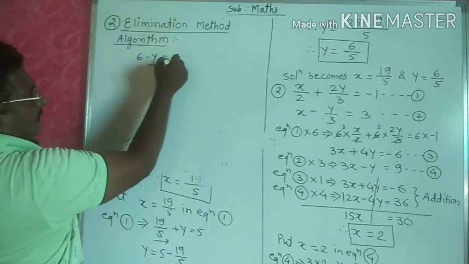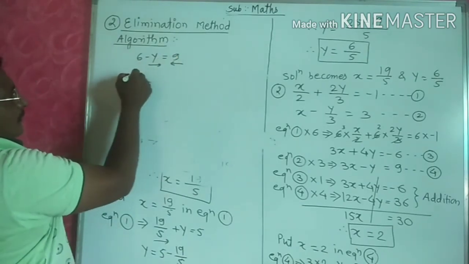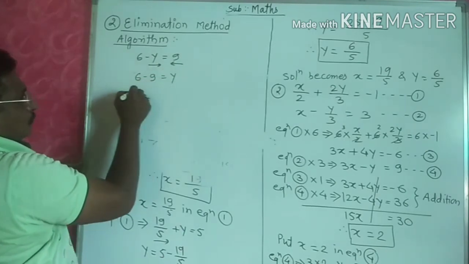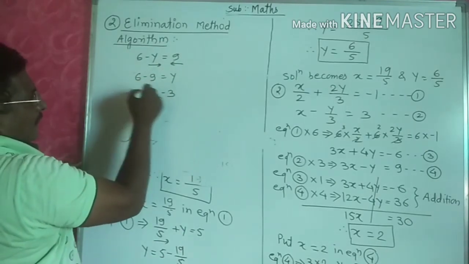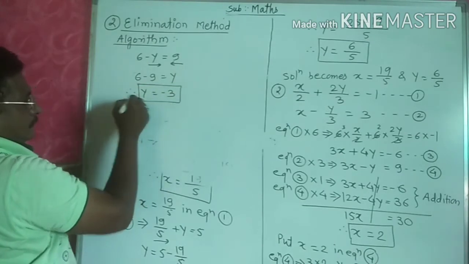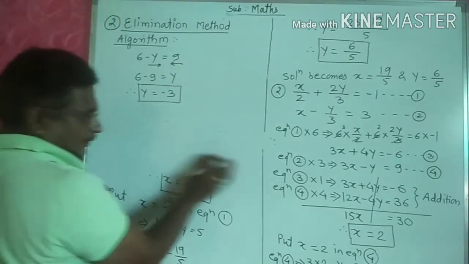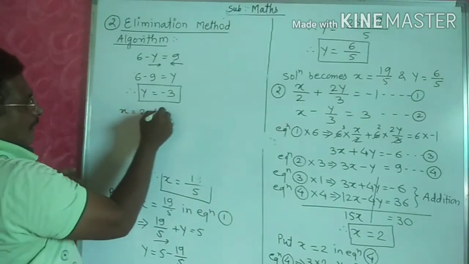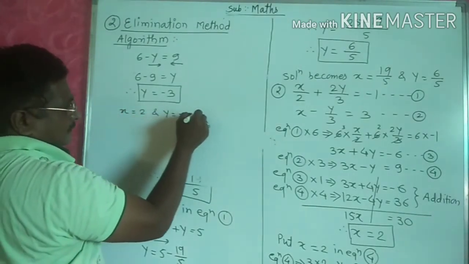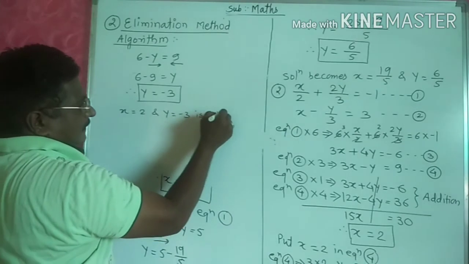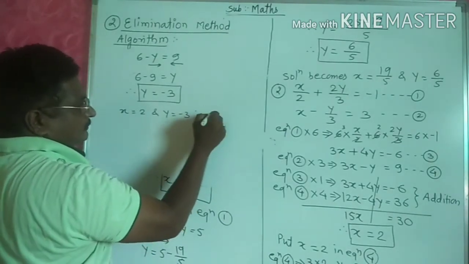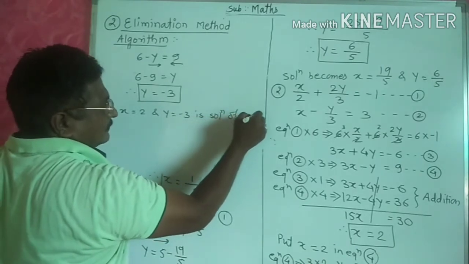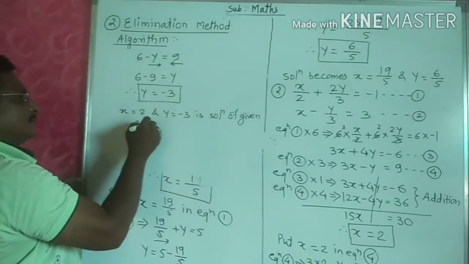Transfer y to that side and 9 to this side. So 6 minus 9 equals y. So y equals minus 3. So we got the values of x and y. So x equals 2 and y equals minus 3 is the solution of the given equations.